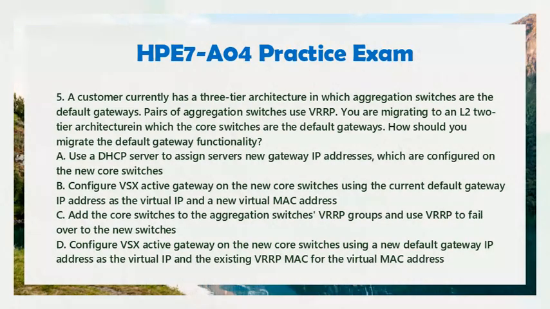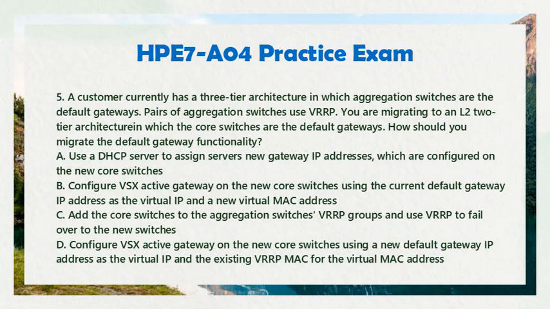A. Use a DHCP server to assign servers new gateway IP addresses, which are configured on the new core switches. B. Configure VSX Active Gateway on the new core switches using the current default gateway IP address as the virtual IP and a new virtual MAC address.